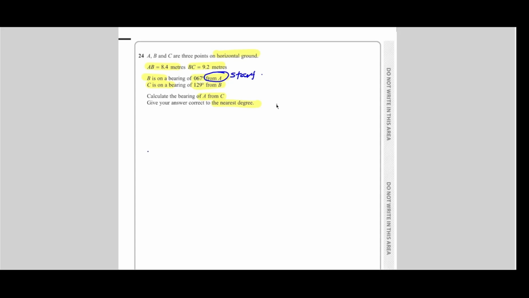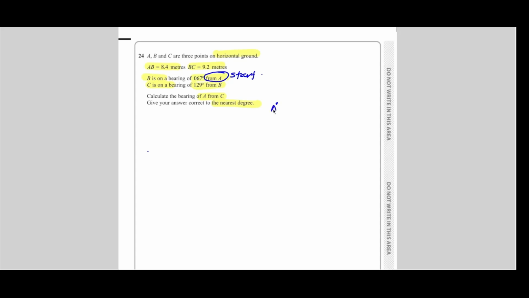Let's label spot A first, because this is your starting position. In any bearing question, your start is "from." From is the important word, so go to the next letter. From A, then A is your starting position.